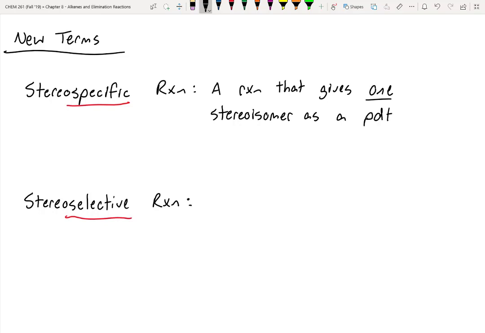A stereoselective reaction is a reaction that gives an unequal mix of stereoisomers.